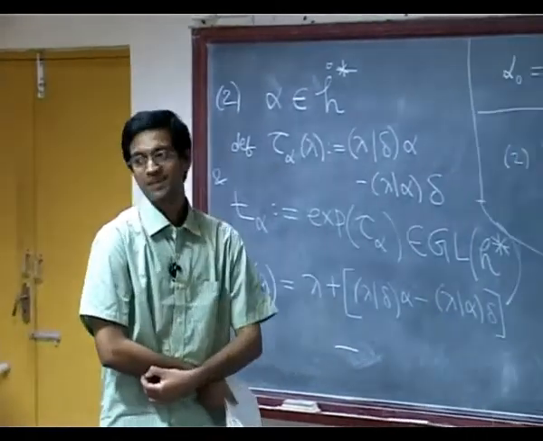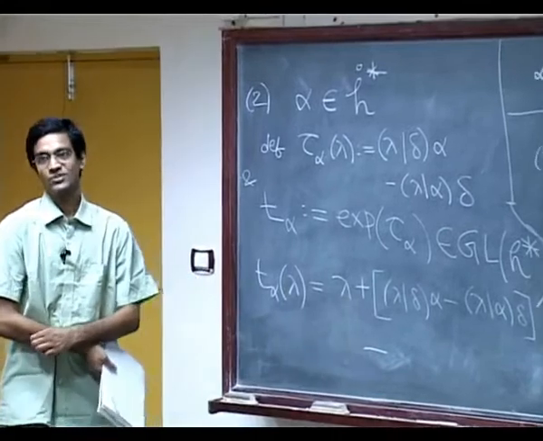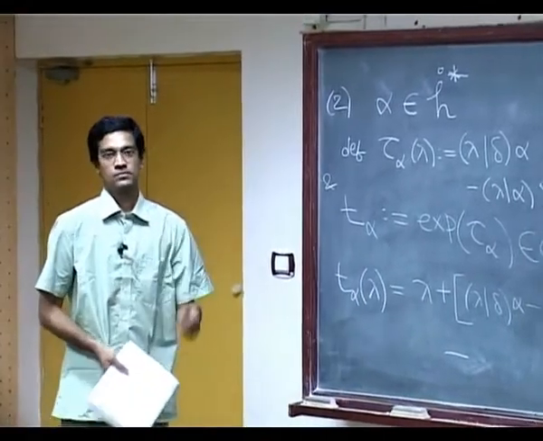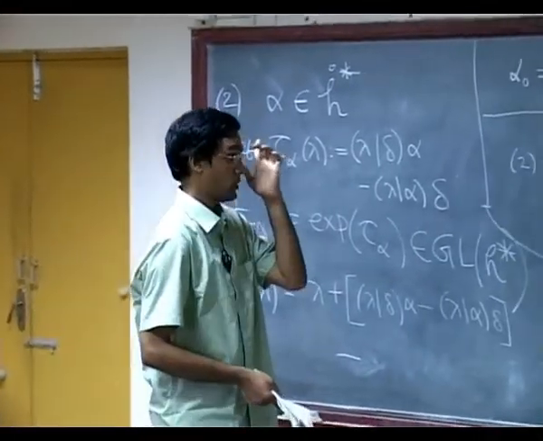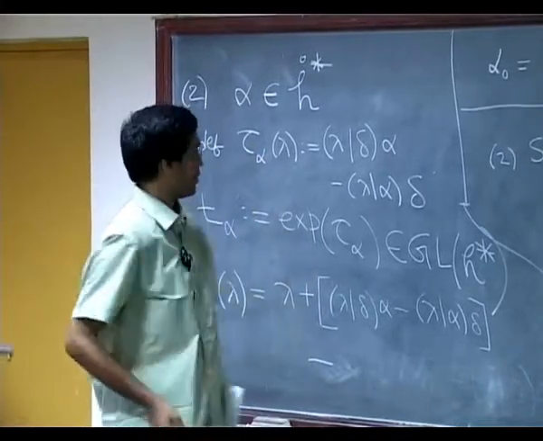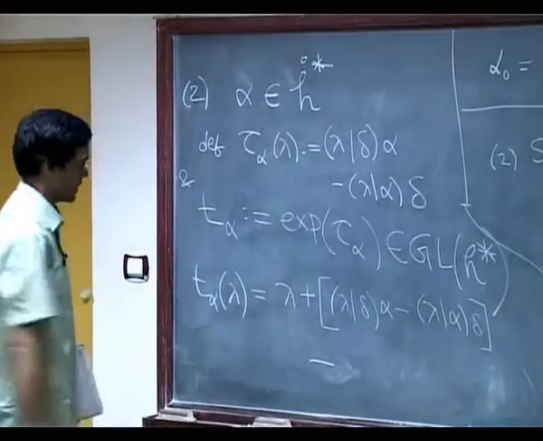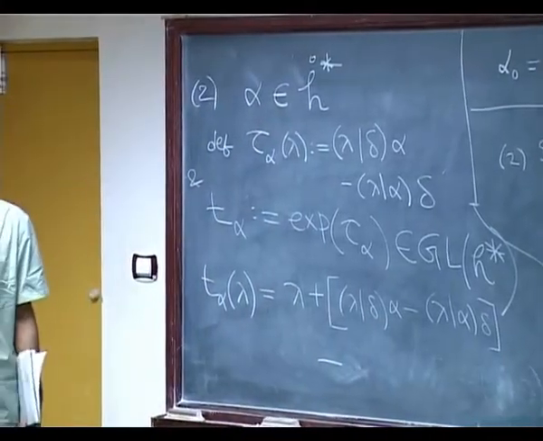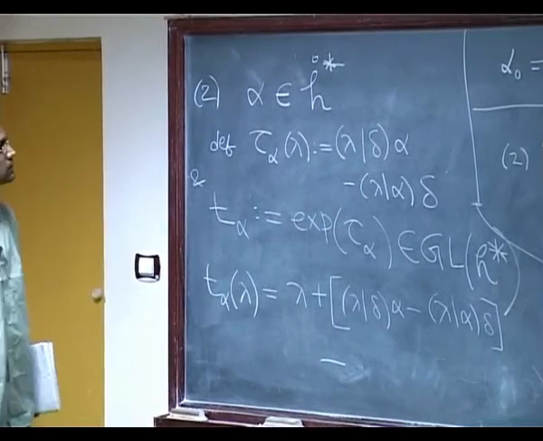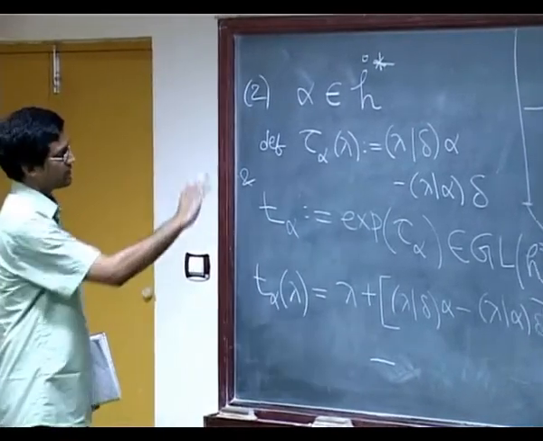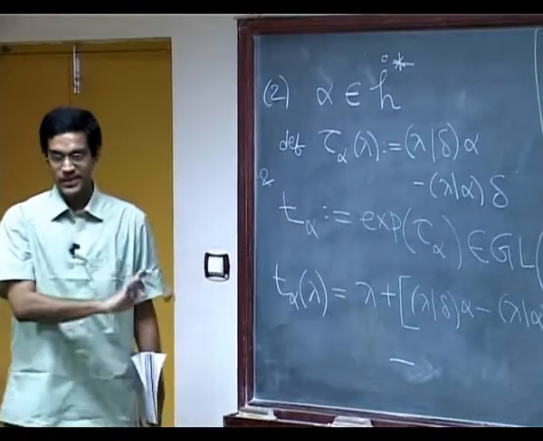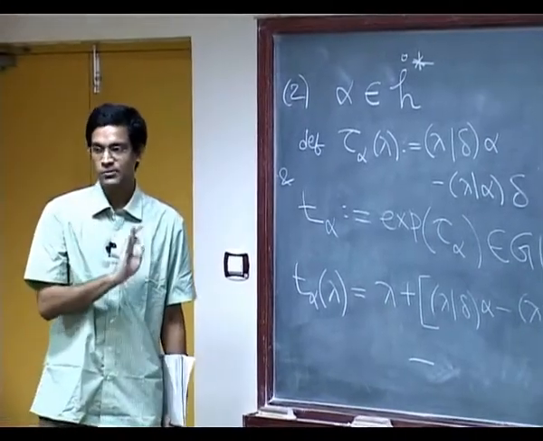So you get alpha alpha in place of 2. I'm just taking any element of H0 star. At the moment the definition still makes sense, but I'm finally only going to apply it to that case.